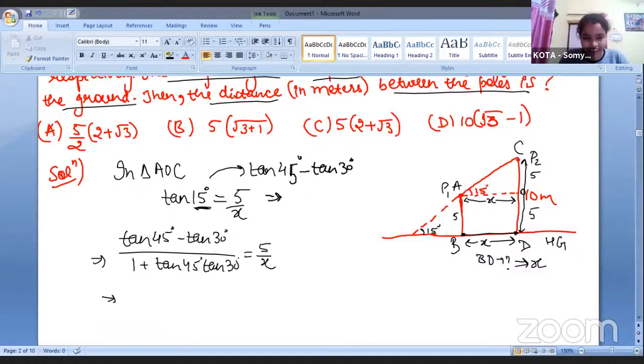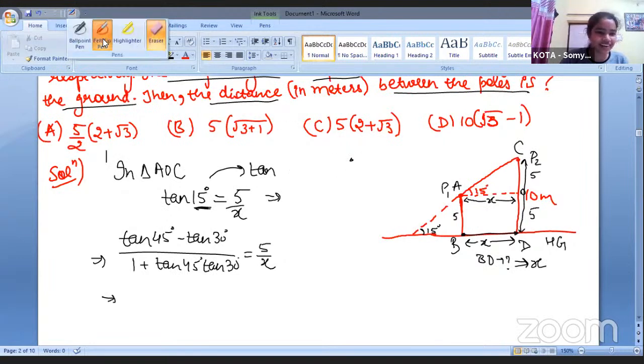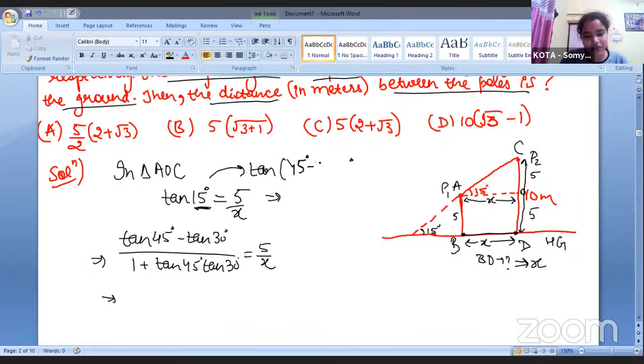Oh, yes, ma'am. I have gone crazy today, and I thought I was writing wrong, so I should correct it. Oh okay, we write it like this only. So it will be tan 45 minus tan 30, which I've already written here. It's okay, let us quickly pass this time.